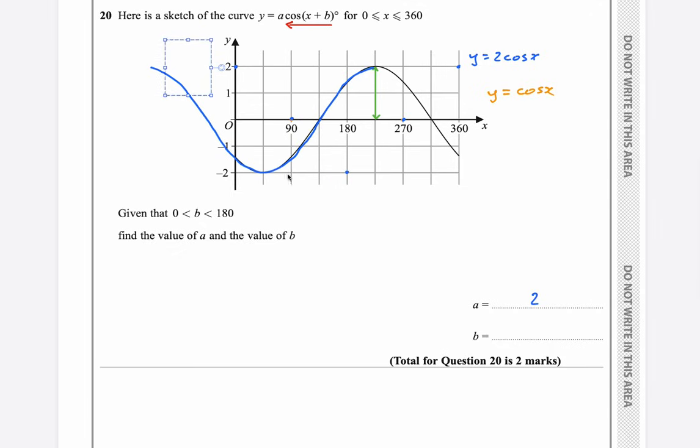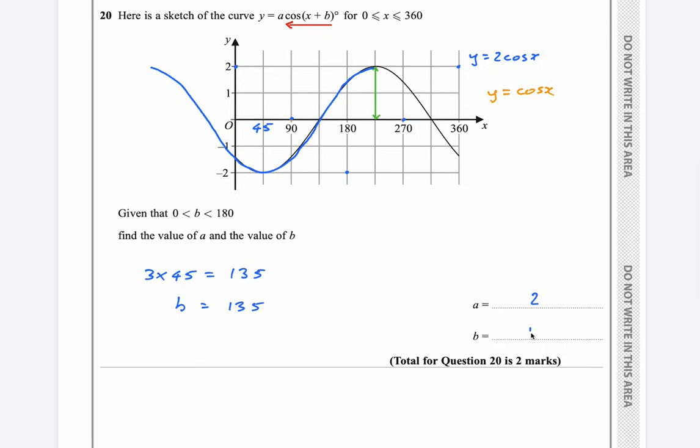So I've moved it 3 boxes to the left, but just be careful, guys. The box in the x coordinate is not 1, it's actually 45, because that's 45, then 90, 135, 180. So 3 boxes, or 3 times 45, is equal to 135. So b is actually equal to 135.